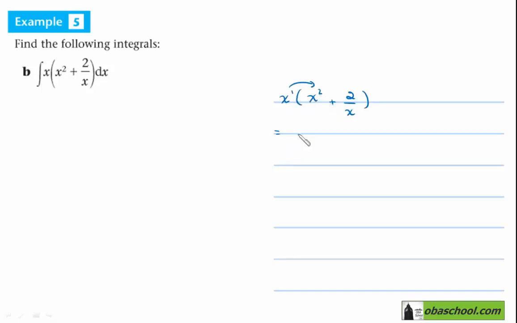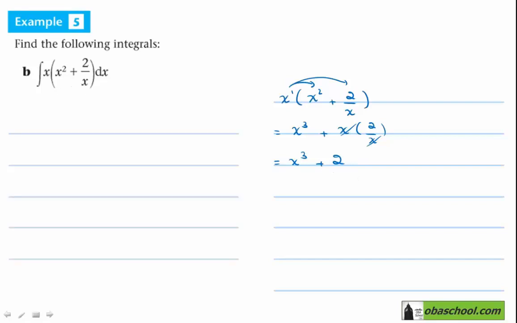x multiplied by x squared is x cubed, plus x multiplied by 2 over x, which is 2, since x simplified by x cancels. Then the answer for the term is x cubed plus 2. Now we can substitute it in the integration question and do it with respect to x directly.